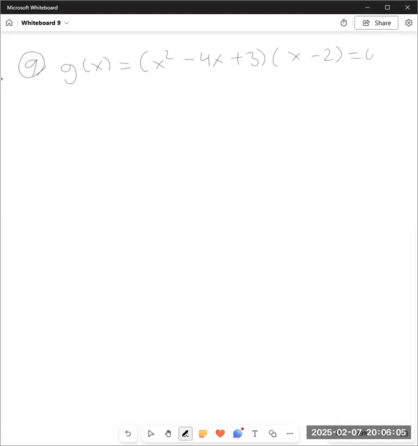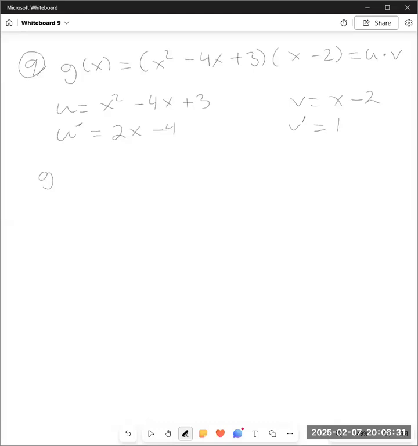So I'm again going to call that u times v, where u is equal to x squared minus 4x plus 3, and v is equal to x minus 2. u prime is equal to 2x minus 4, and v prime is equal to 1.